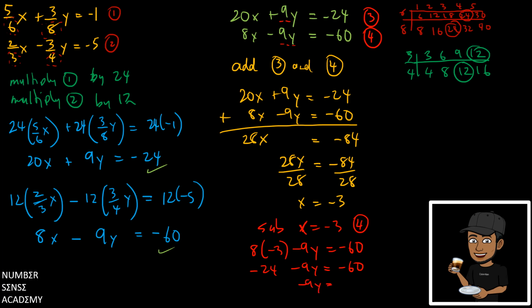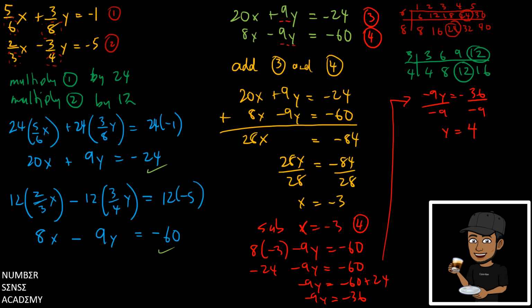Negative 9y equals negative 60 plus 24. So negative 9y is equal to negative 36. Divide both sides by negative 9, and I get y is equal to 4. So ladies and gentlemen, my solution, x and y, is x equals negative 3 and y equals 4. So negative 3 and 4.